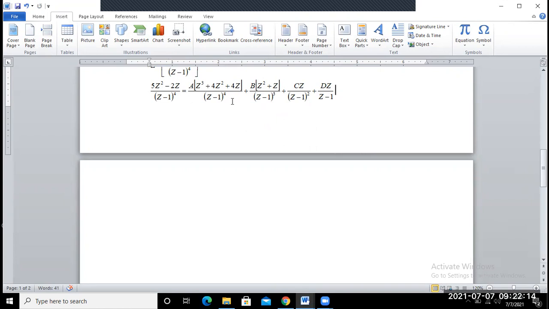If you take the LCM on the right side, z minus 1 to the power 4 is cancelled from the left and right sides. So the remaining part will be 5z square minus 2z equals a into this one, plus b into z square plus z into z minus 1, similarly, plus c z into z minus 1 whole square, plus d into z minus 1 whole cube. Just find the coefficients a, b, c, d and put them in. After that you will take the inverse of the z transform.